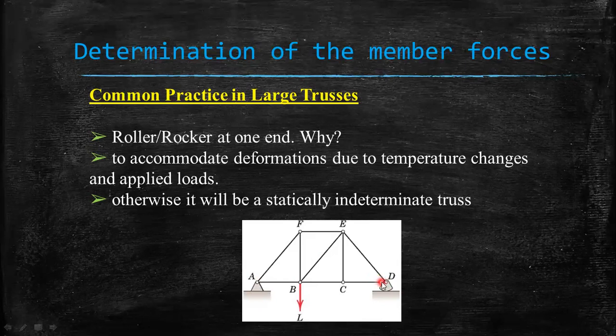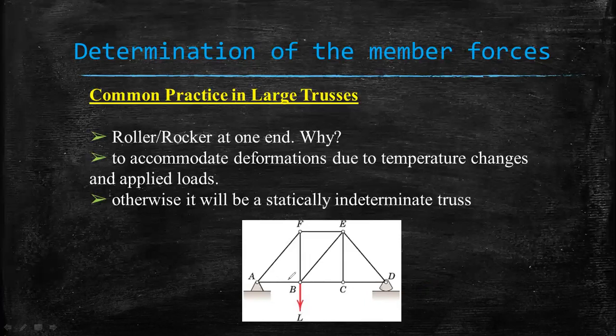Then why do we actually do this? Suppose due to this load L, the whole structure undergoes a little bit of deformation. In the case of a truss structure, as we have already discussed, the deformation takes place in the axial direction. So all these members deform axially.